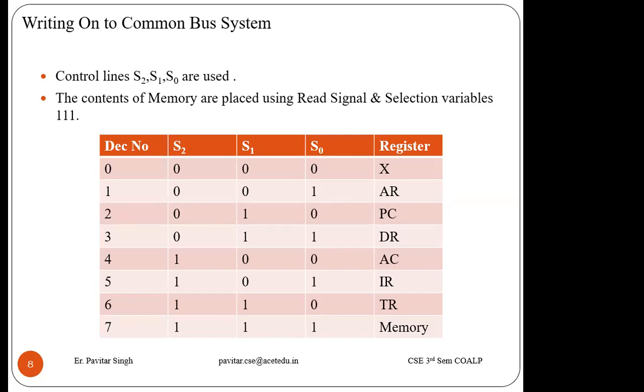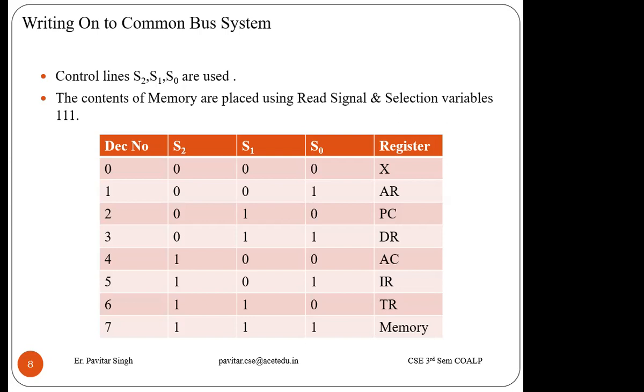If any register wants to write some data, for example, the accumulator wants to write some data onto the bus, the number written along with the accumulator, its binary value 100, will be given to the selection lines S2, S1, S0. Then the contents of that particular register will be sent onto the common bus system, right?